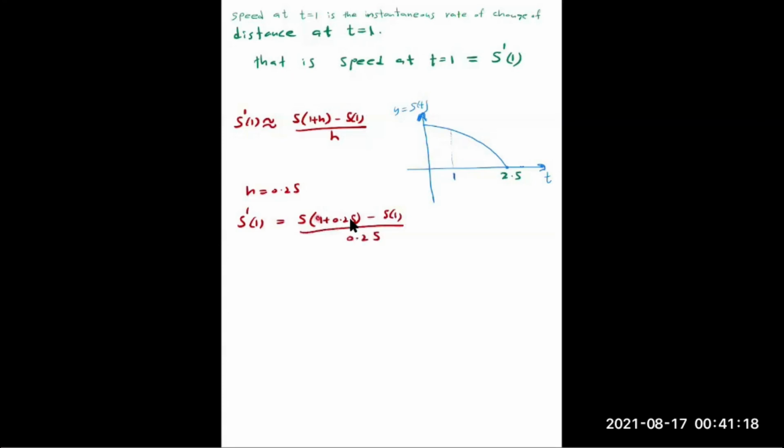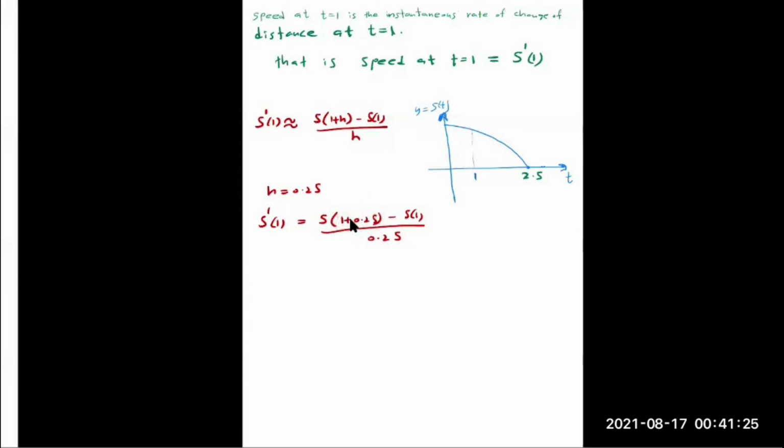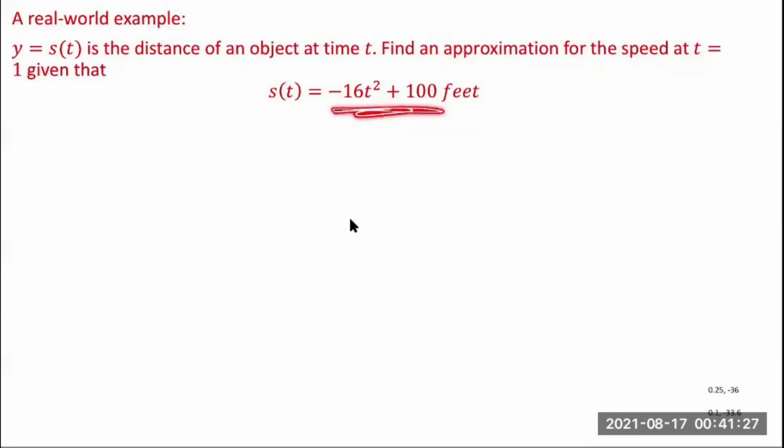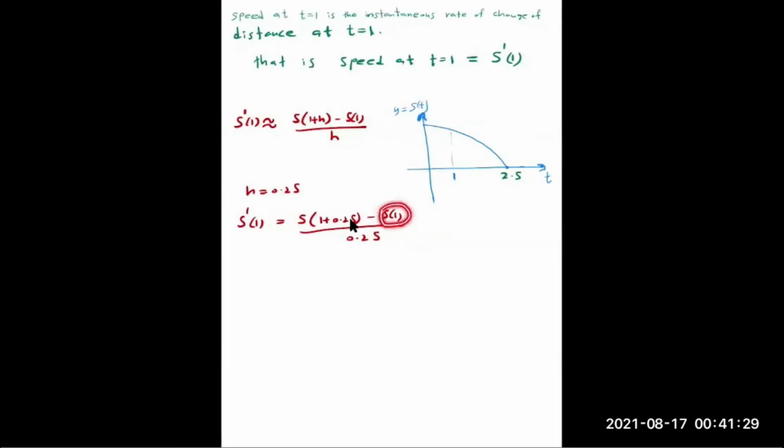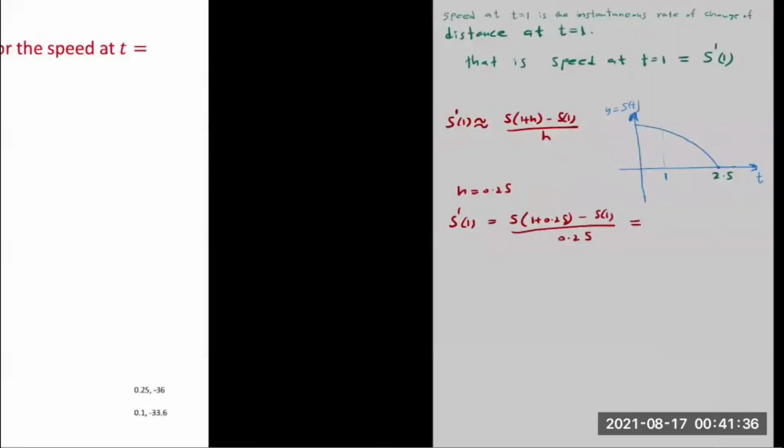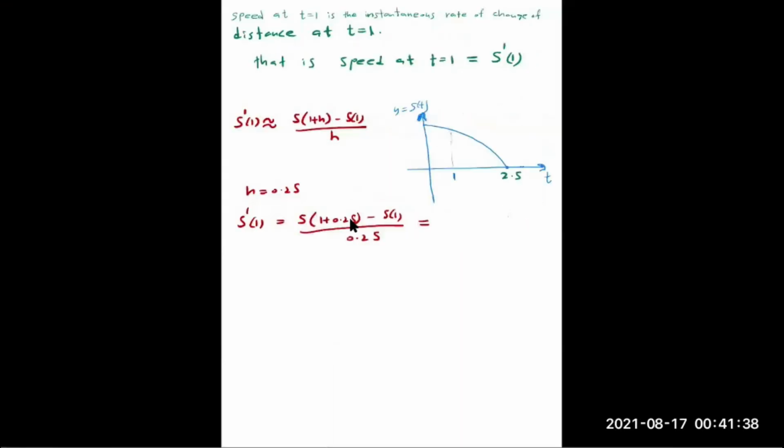Of course, you can calculate this one. This is 1.25. Now you can calculate s of 1.25 by plugging 1.25 into your function. Similarly, you can find s of 1 by plugging 1 into your function s of t. If you calculate this, you will get this value, minus 36.